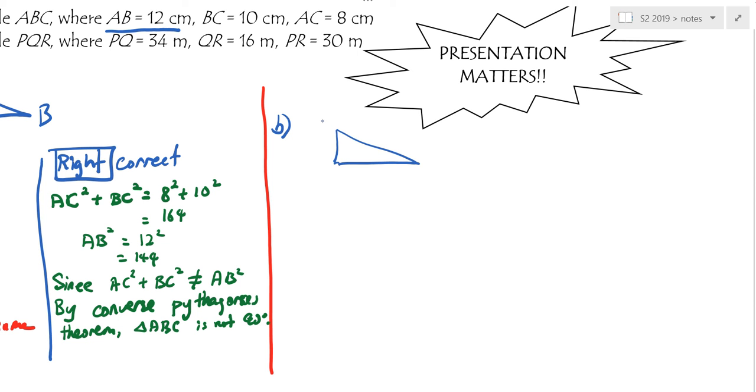P. Do you know which one is most likely the hypotenuse? The 34. So this is PQ, this is R. PR is 30, PQ is 16.